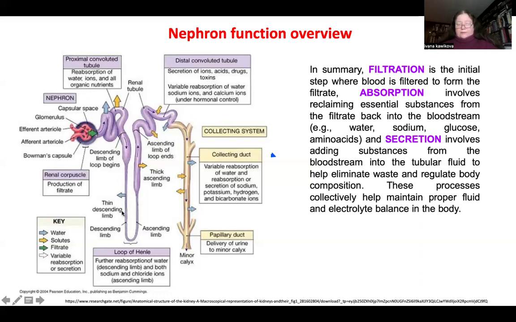Then we have the descending part of Henle loop that is going in the environment with growing osmolarity within the interstitium. And because the wall is permeable for water, water is being drawn from the descending limb of Henle loop. So the highest osmolarity is here at the tip, and then the wall becomes impermeable for water.